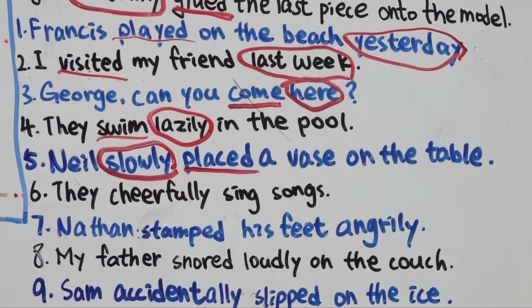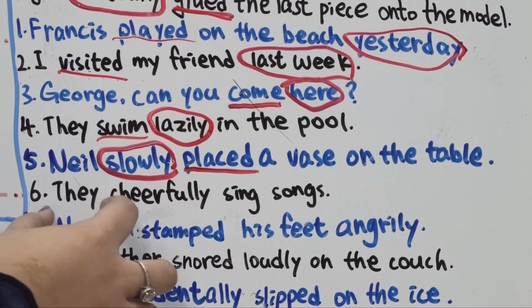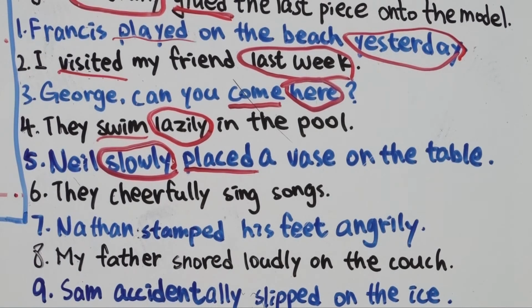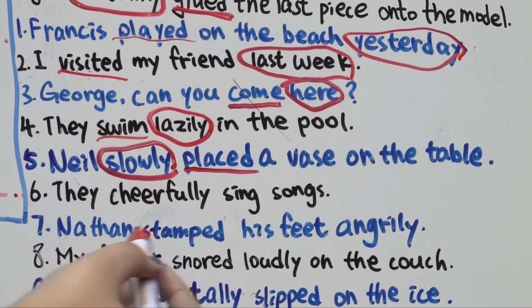Good enough? Number 6. They cheerfully sing songs. Cheerfully means happily. So the subject is they. Right? Which one is the action? That should be songs. No. That should be sing.